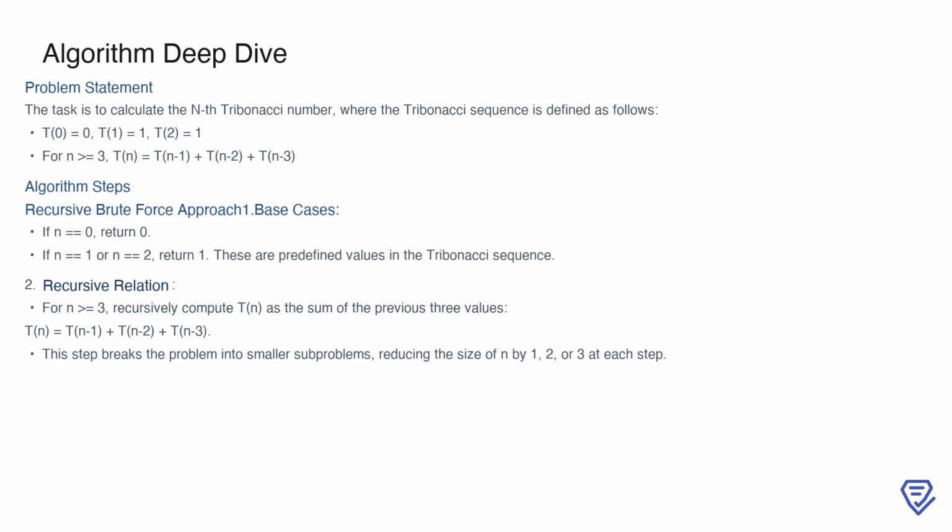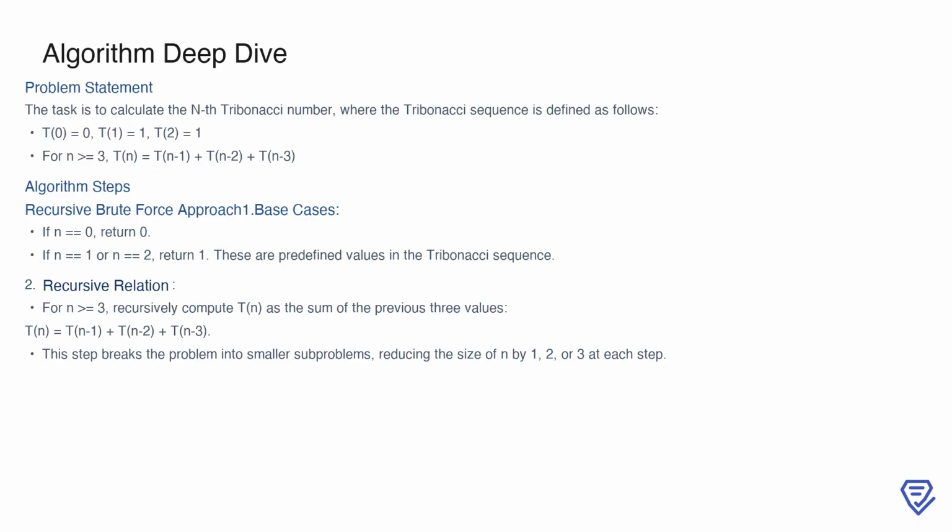To implement this logic, we write a recursive function that first checks if n matches one of the base cases. If it does, the function directly returns the corresponding base value. If not, the function makes three recursive calls to compute the necessary preceding values, adds them together, and returns the result. As the computation progresses, the recursive calls form a branching structure.